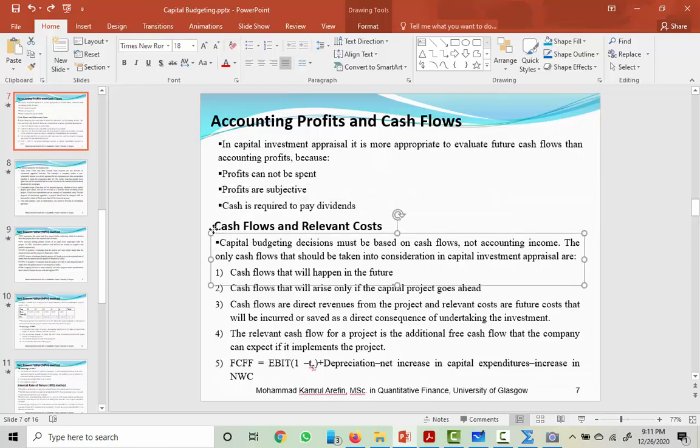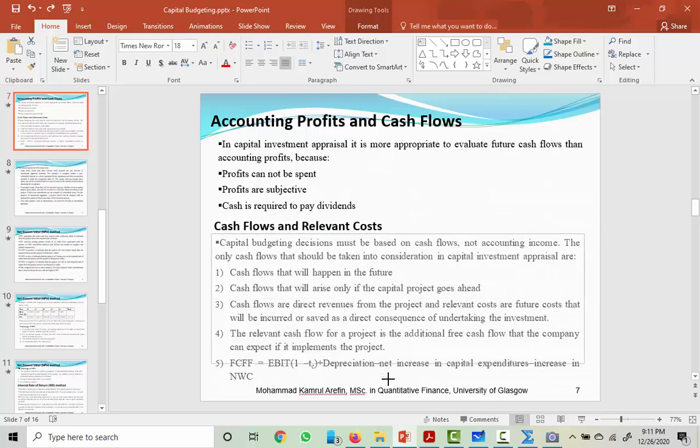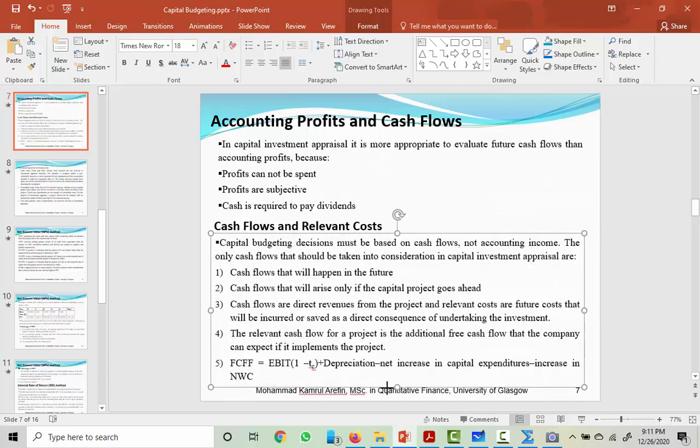So what are the cash flows that we should consider in capital budgeting decisions? Which cash flows are relevant and which are not? Capital budgeting decisions must be based on cash flows. The only cash flows that should be taken into consideration in capital investment appraisal are cash flows that will happen in the future if you adopt the project.